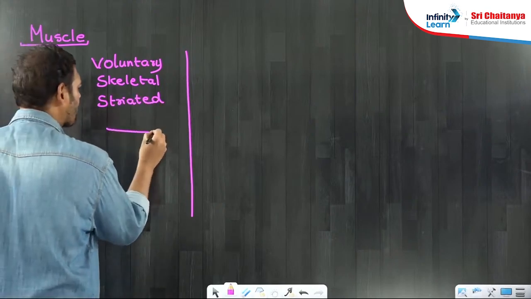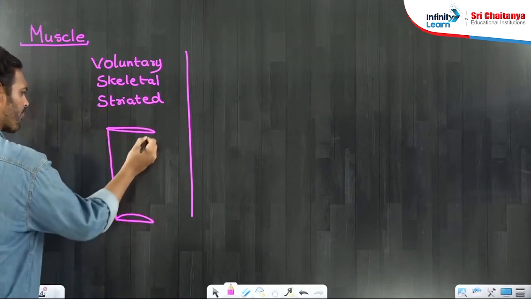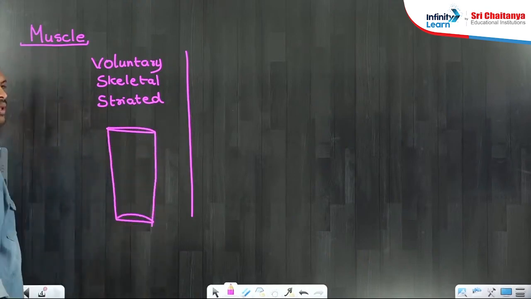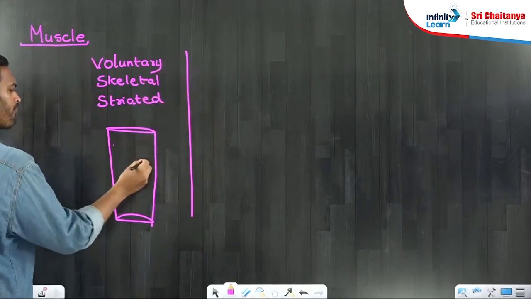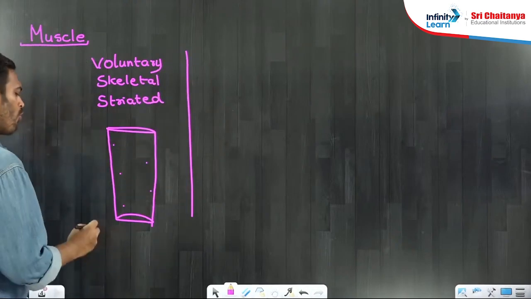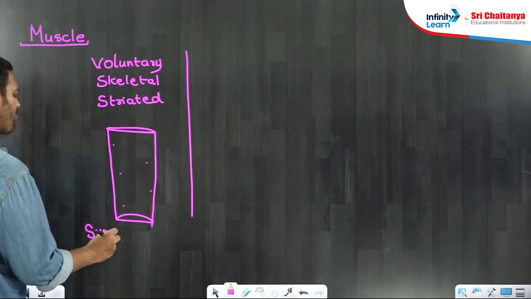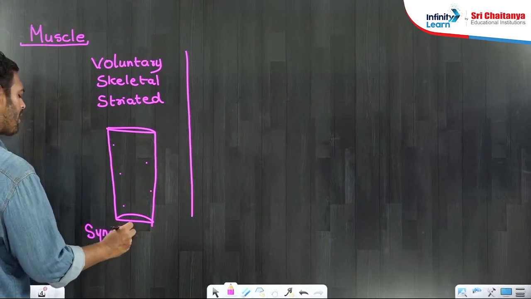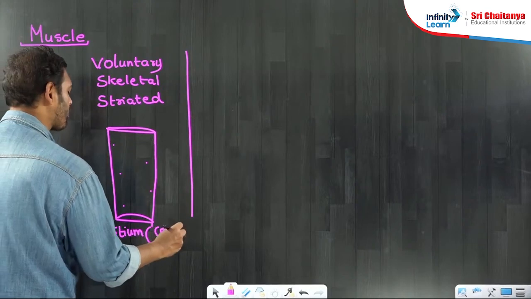These cells look like long elongated cylinders, and they may have many nuclei, the multinucleate condition. What is the synonym for multinucleate condition? Syncytium. Sometimes you can also refer to that as coenocytic.